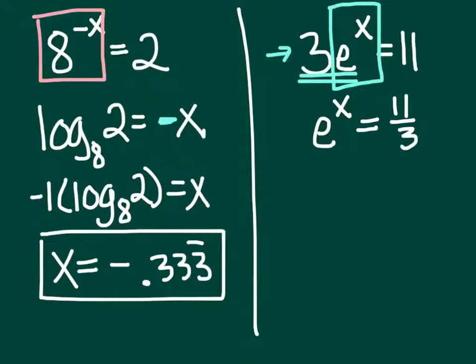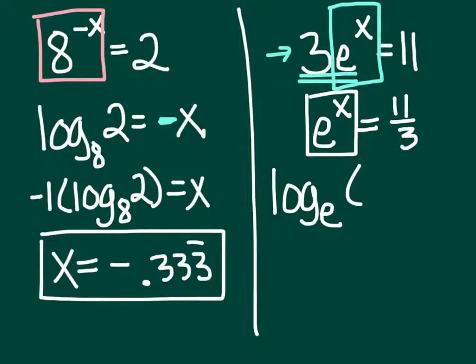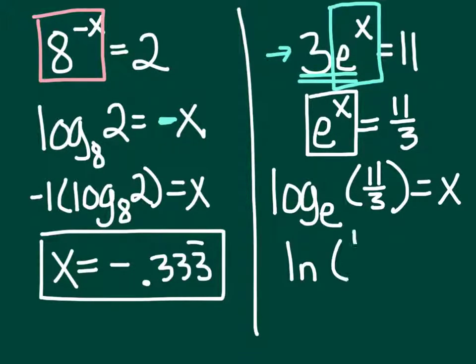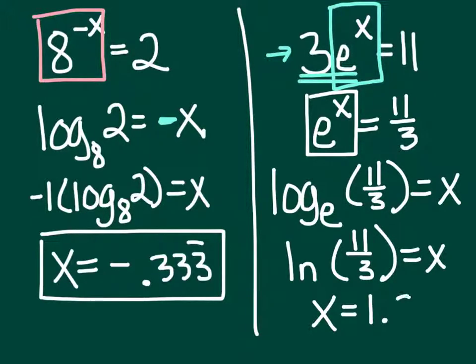Now that we have only our number to the power left, now we can rewrite it log base e of 11/3 equals x. And log base e is ln, and you have that button on your calculator, so just punch in ln of 11/3, and you should get a value of 1.299.